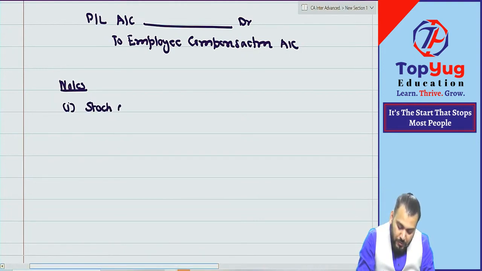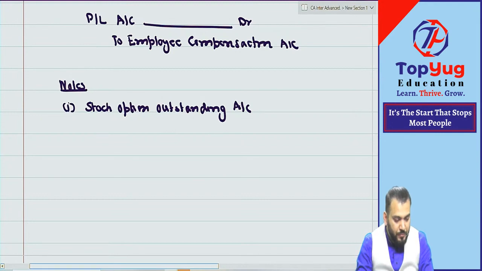Stock option outstanding account is equity. Understood why I'm writing equity?